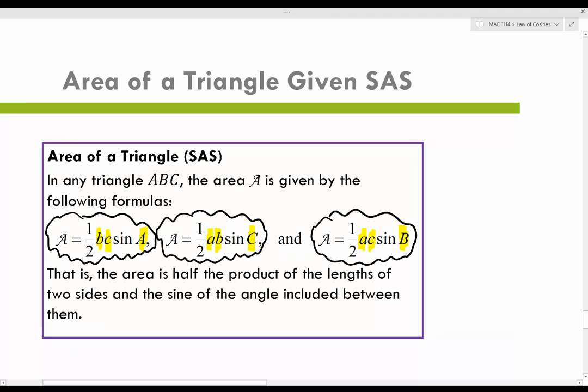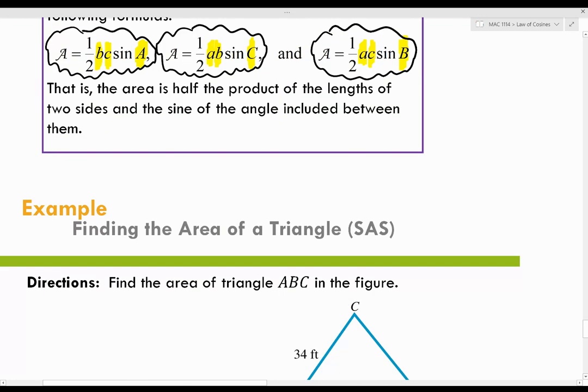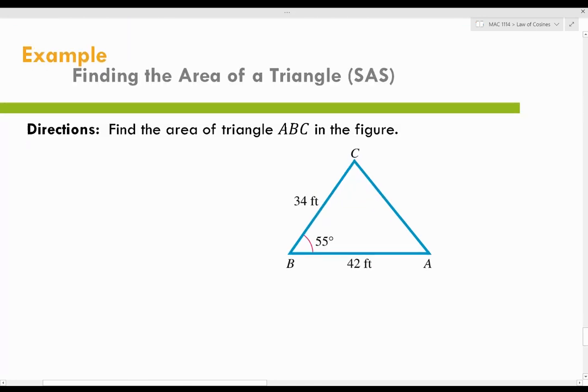So if you're using sides B and C, then you're using angle A. If you're using sides A and B, you're using angle C. If you're using sides A and C, you're using angle B. So it's always the two sides you have times the sine of the angle that you have, multiplied by 1/2. So let's try to do an example using those formulas.